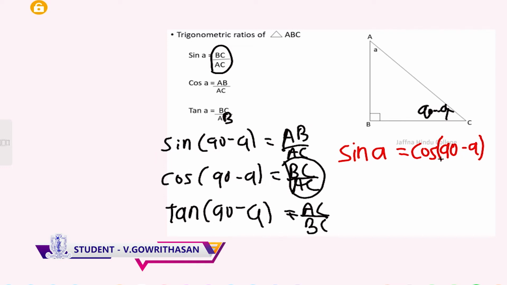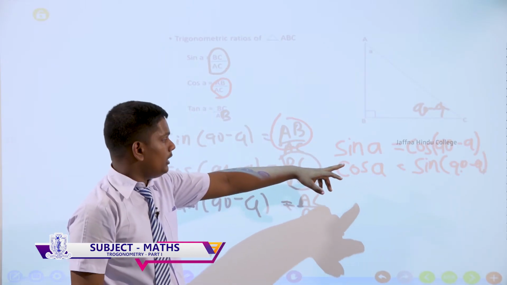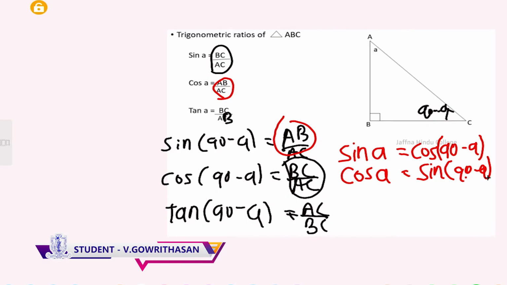And this value and this value are equal, so cos A is equal to sin(90 minus A). These two equations are important for us when doing questions, so remember these equations. Let's move to the next.